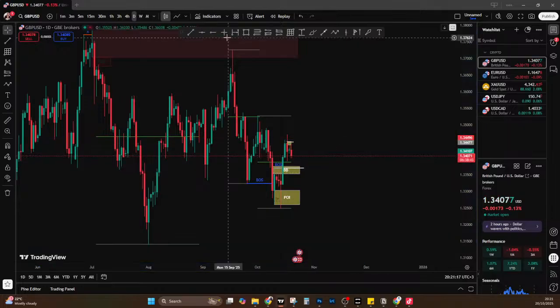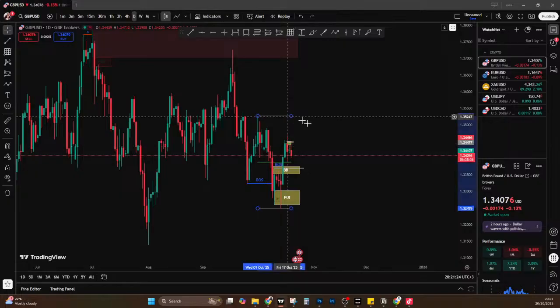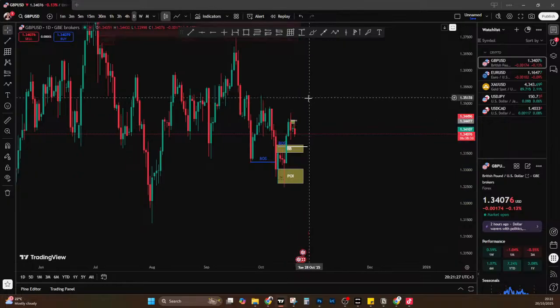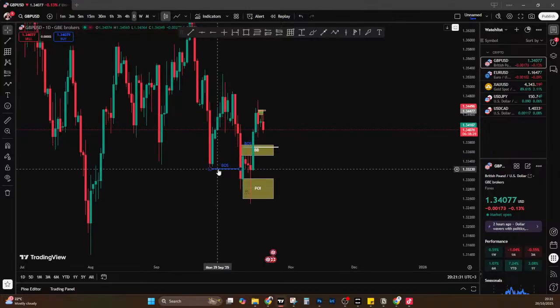So we can remove this and all these others. And now we concentrate on the move that broke this structure here. Which is the move?